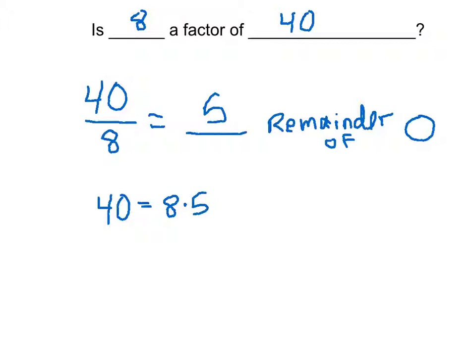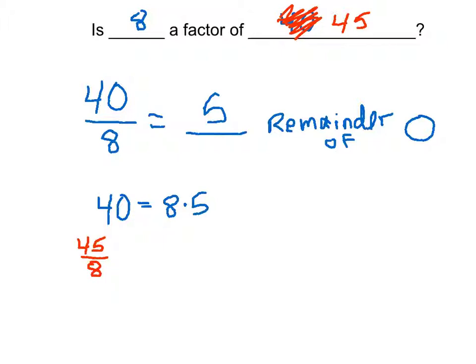Now let's change this up a little bit. Let's erase these things and do another example. Let's ask, is 8 a factor of 45? Well, when I take 45 and divide it by 8, do I get a remainder of 0?